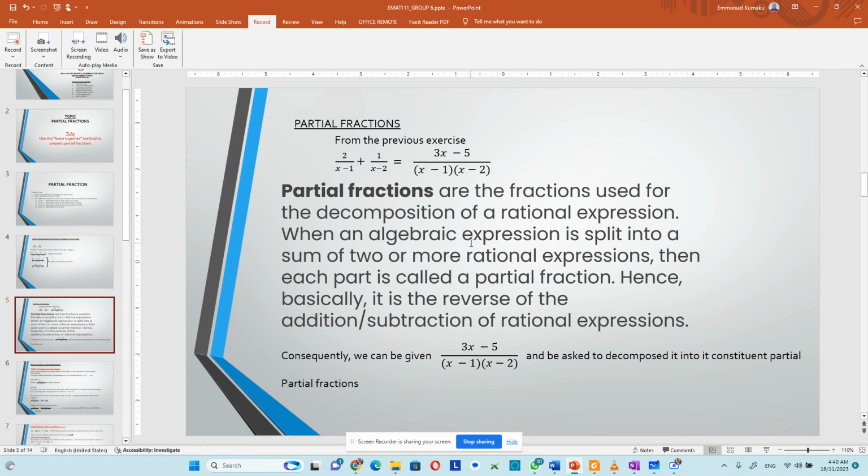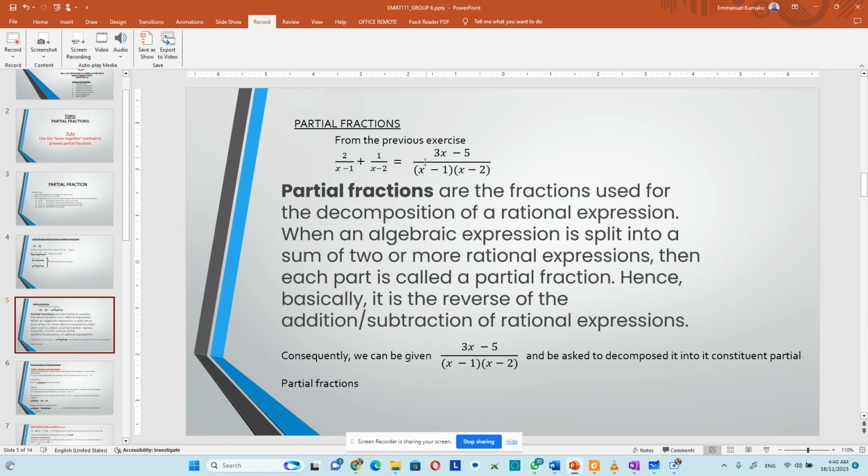When an algebraic expression is split into a sum of two or more rational expressions, then each part is called a partial fraction. Hence, basically, it is the reverse of addition or subtraction of rational expressions. What it just means is that we were given these two fractions to add in the previous exercise, and it yielded this.